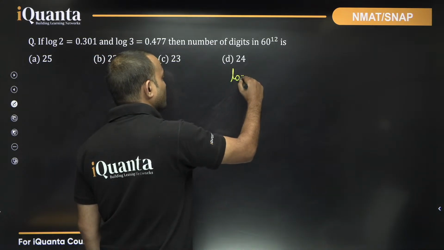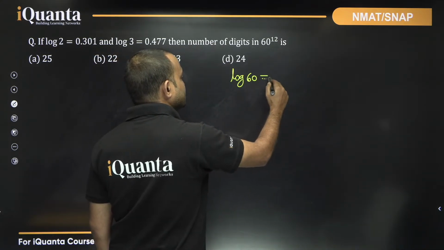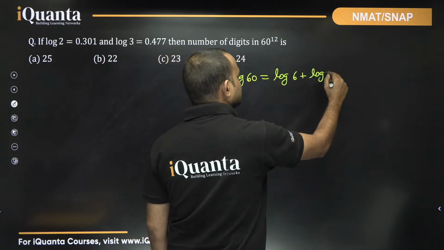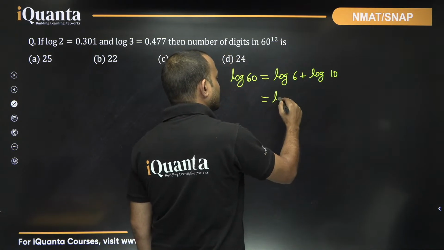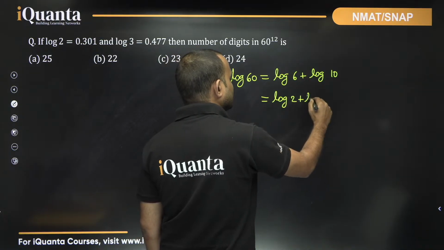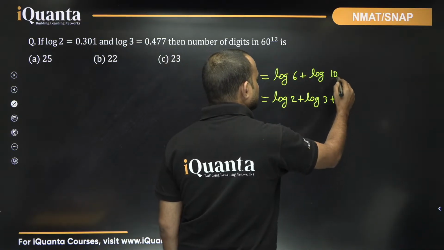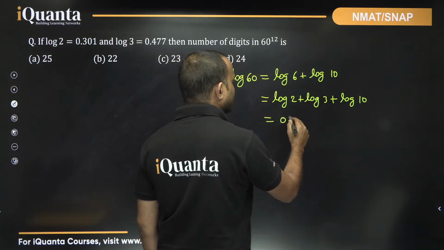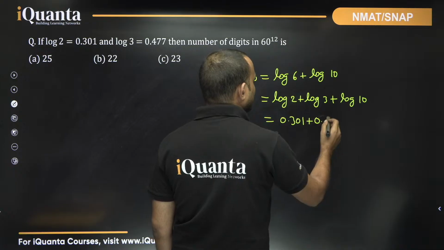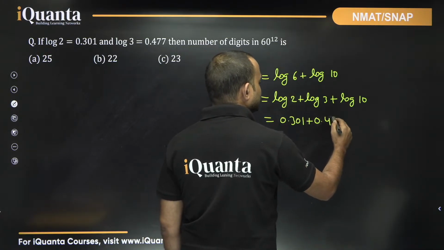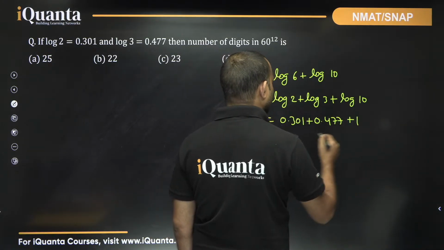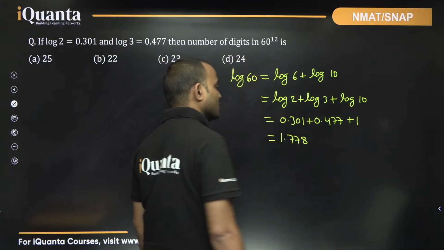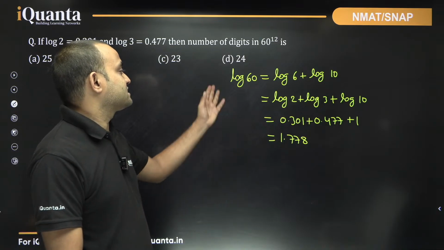First we need to find log 60 to the base 10, which we can write as log 6 plus log 10, which we can rewrite as log 2 plus log 3 plus log 10, and this will be equal to 0.301 plus 0.477 plus 1, which will be equal to 1.778, right? This is log 60.